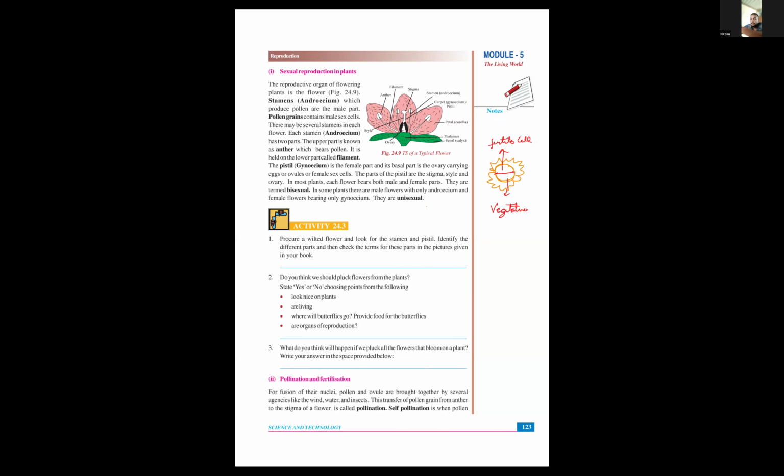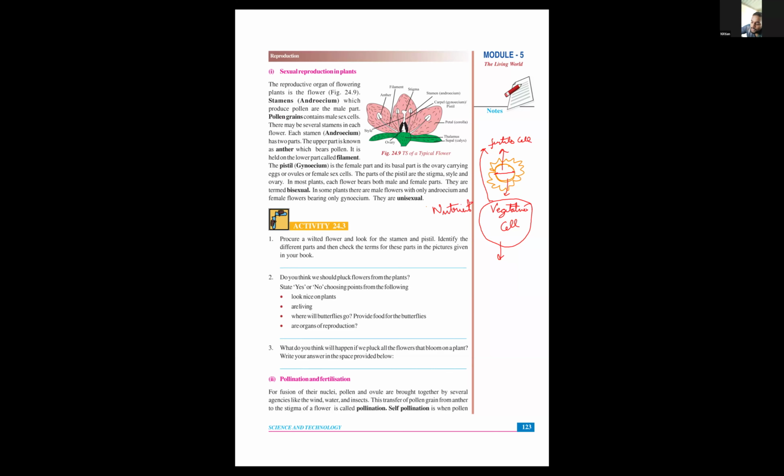In the pollen grain, we are reading the structure of the pollen grain. First is the fertile cell, and the second is the vegetative cell. What does the vegetative cell mean? The vegetative cell provides nutrition to the fertile cell. Understood, guys?